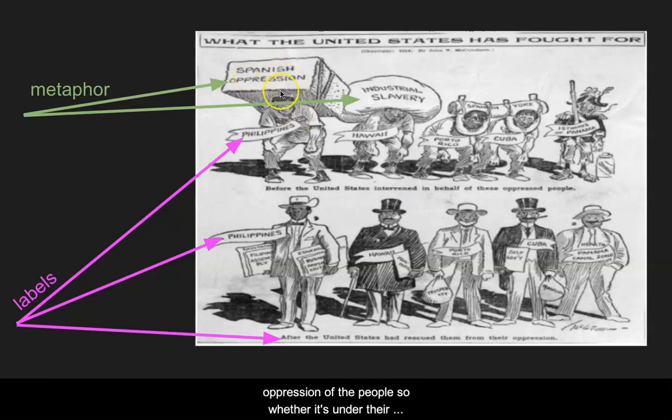So whether it's under their previous colonizers, Spain, or whether it's based on the work that they're forced to do, industrial slavery. These are metaphors for making you associate the lives of these people with just heavy, brutal labor.